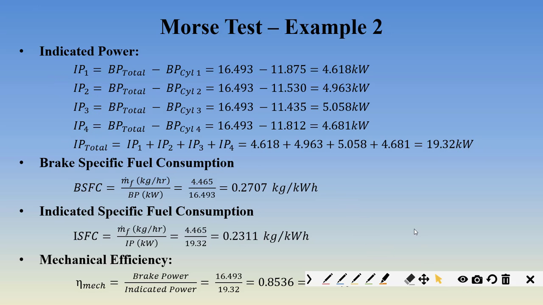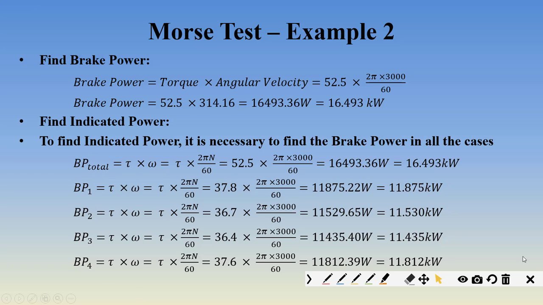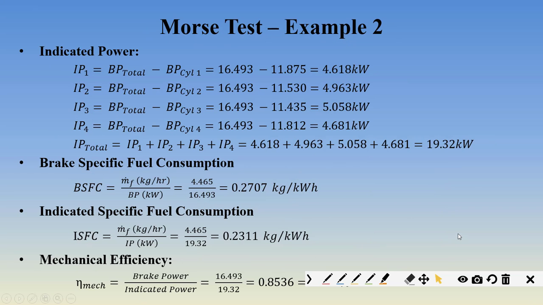We have already found out the brake power total. The next thing that they are asking us to find is BSFC and ISFC. Very simple. Formula of BSFC is what? Mass flow rate of fuel divided by brake power. Unit is kg per hour divided by kilowatt. So I substituted the kg per hour, 4.465.